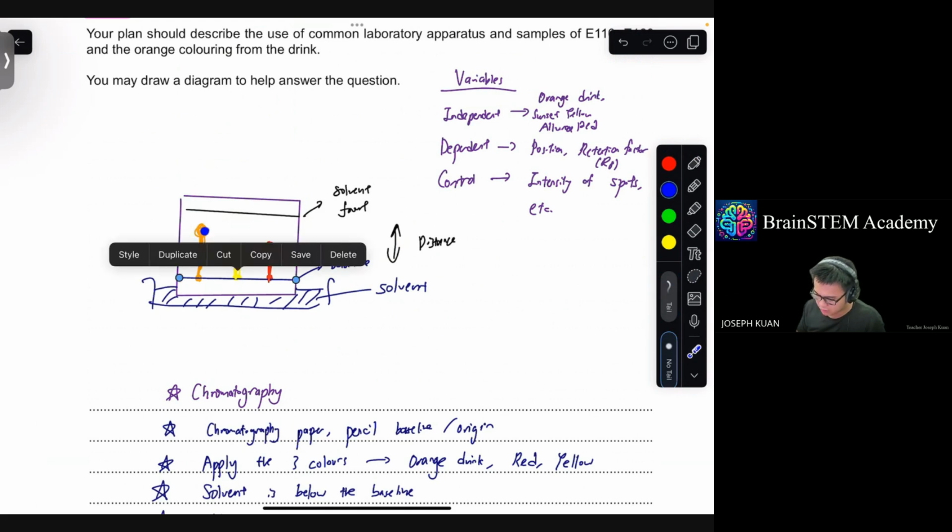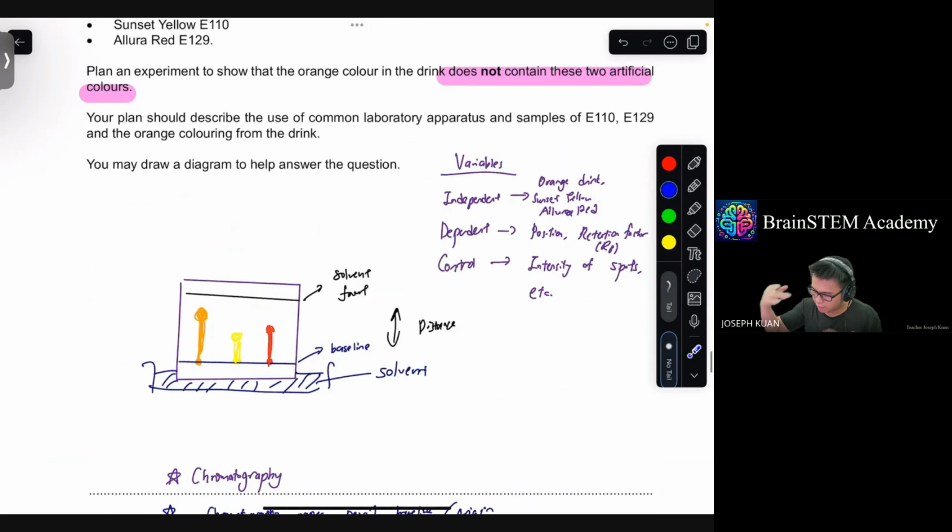So if orange travels here, it means that it does not have any pigments comparable to these two. So you can use the Rf values to establish that it does not contain these two artificial colors.